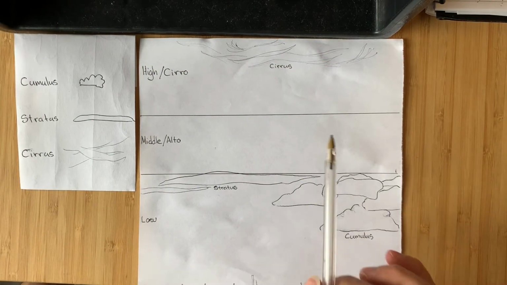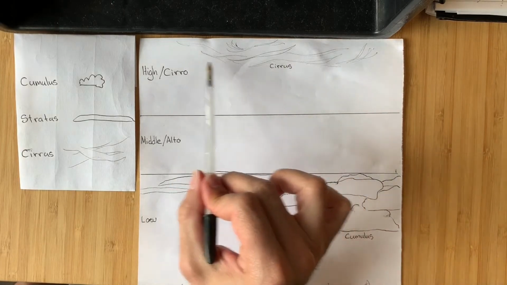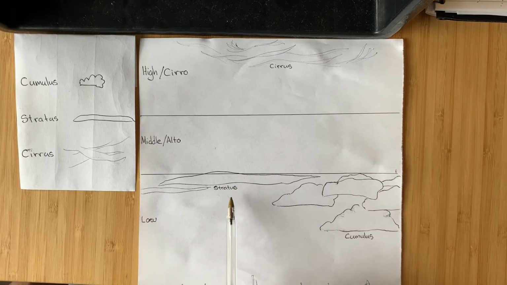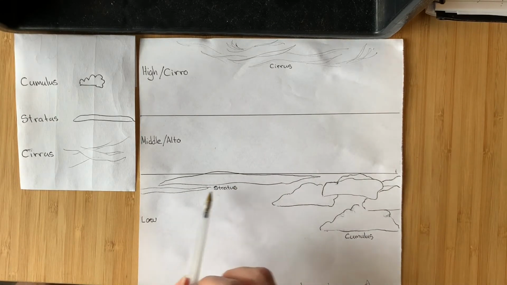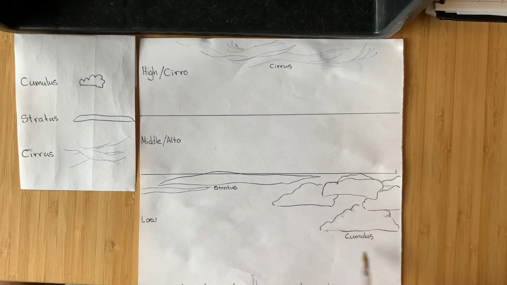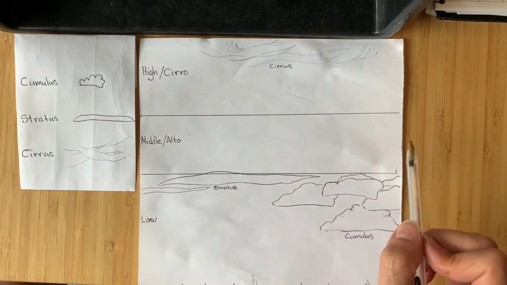Okay, so right now we have our cirrus that live up here in the cirro, or the high. And then over here we have stratus that we have in the low area in the sky. Also cumulus are in the low area of the sky. But what about this middle area?